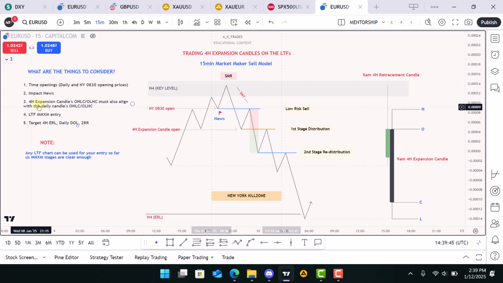Now we also consider the 4-hour expansion candle's open high low close or open low high close, and we must also ensure that this aligns with the daily candle's open high low close or open low high close. Now this is very essential, especially when you want to trade against the trend. For example, let's take the ICT Thank God It's Friday setup.